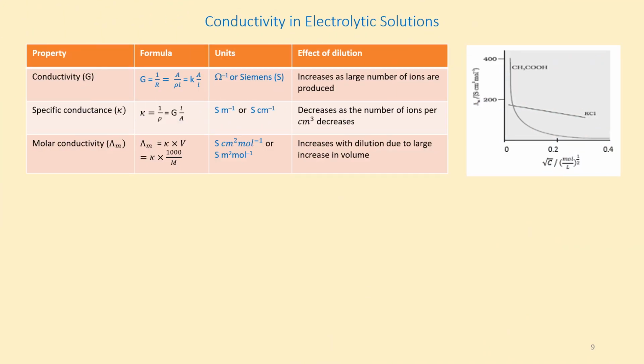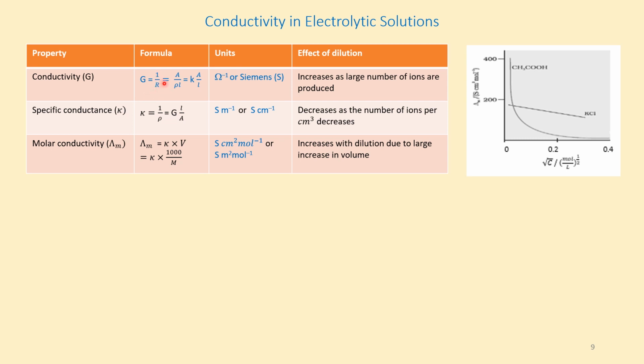Let us quickly summarize conductivity in electrolytic solutions as well as study the effect of dilution. The table on the screen shows the various properties associated with electrolytic solutions, the formulae, units, and the effect of dilution. Conductivity G equals 1 over R, where R is the resistance.